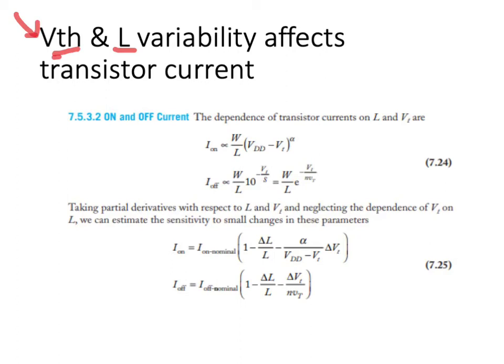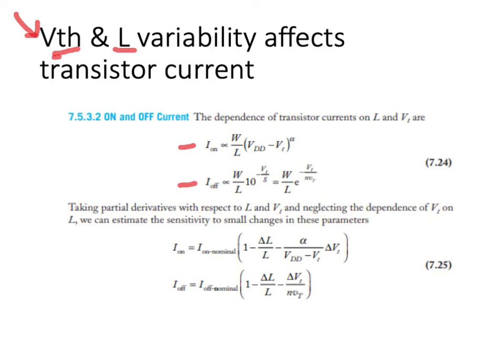VTH and L variability are typically most studied because these tend to have the most significant effect on variations in speed. So here it's a simple study trying to quantify the change in on current as well as off current of a MOSFET device.